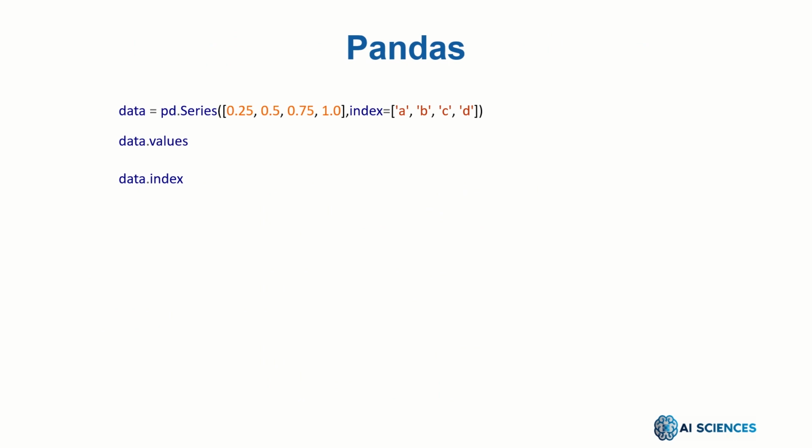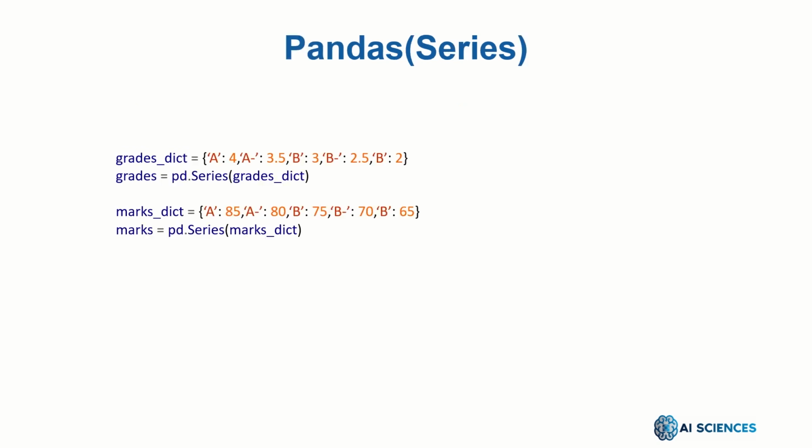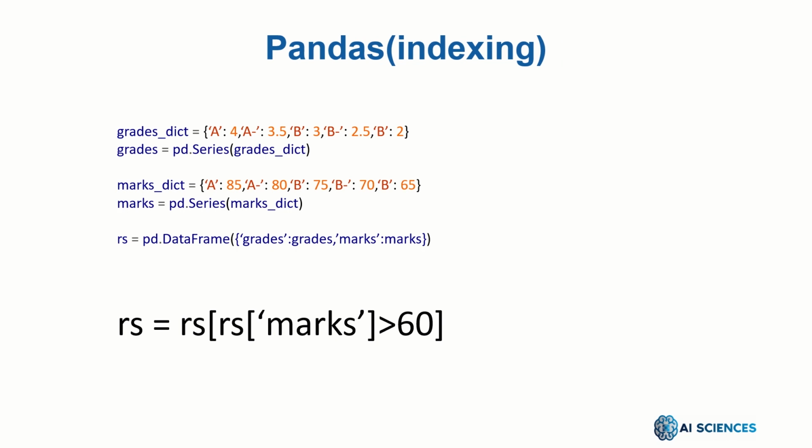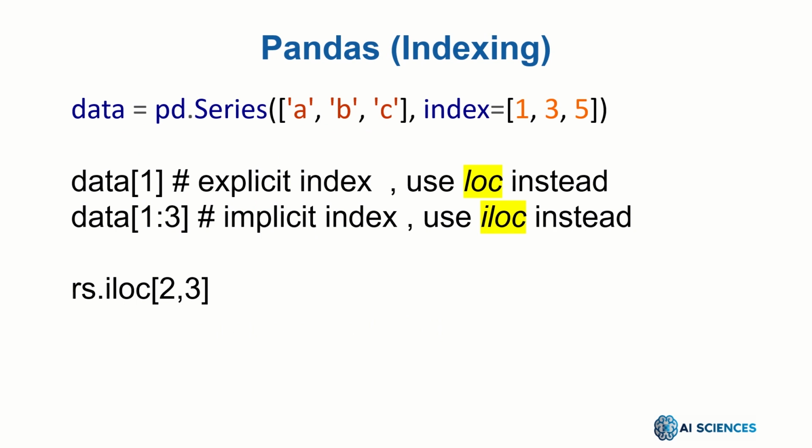We started discussing pandas by introducing the series object and some of its properties, including values and index. And then we switched our discussion to a two-dimensional, spreadsheet-like object in pandas, which is called the data frame. We discussed certain properties of the data frame, and we saw how we can index different kinds of data, columns, rows, or submatrices inside pandas.